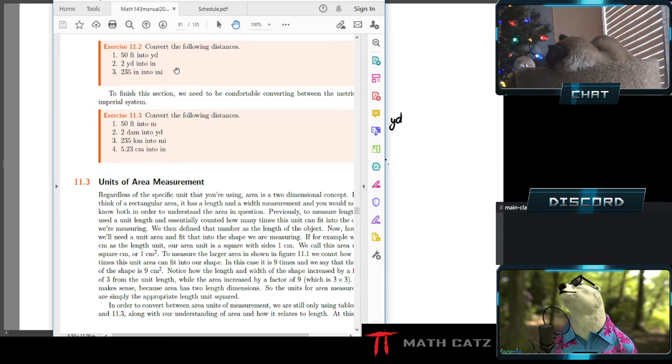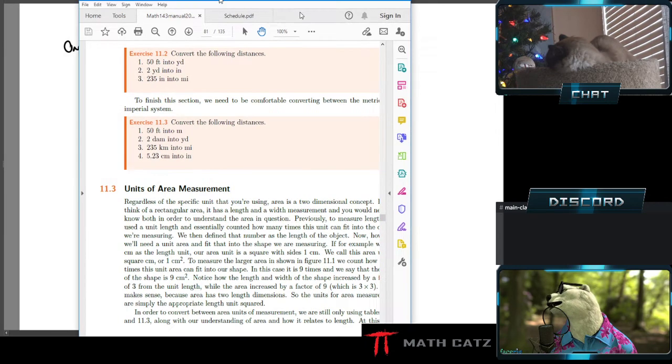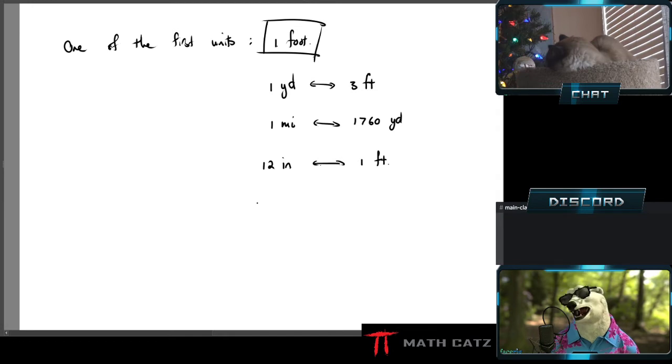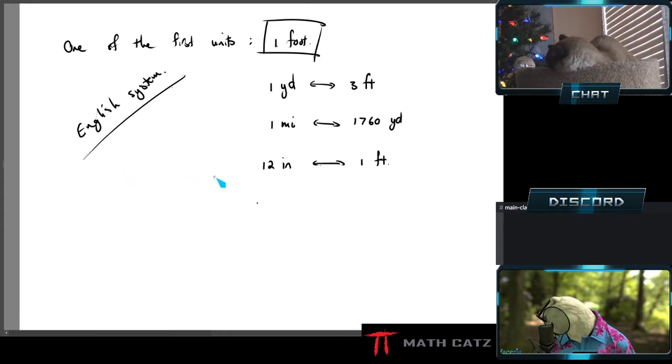It says, and this is going to be my basic question: convert the following lengths or distances: 50 feet into yards, 2 yards into inches, the number of inches into miles, and any combination of those within this English system. Let's call this the English system. Right. So let's do that first.